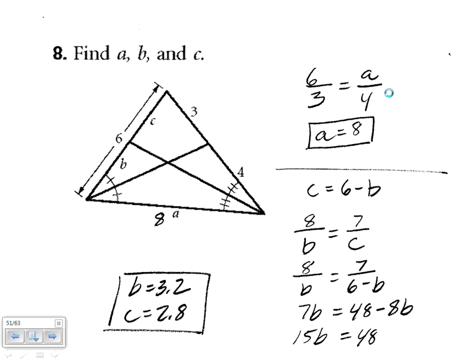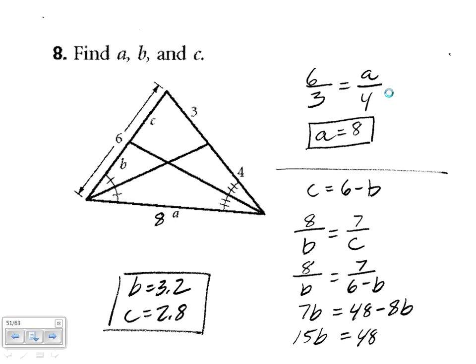It has to do with what we just did as our last conjecture, that the angle bisector divides the opposite side in the same ratio as the sides surrounding it. So A over 4 equals 6 over 3, and I get A is 8.